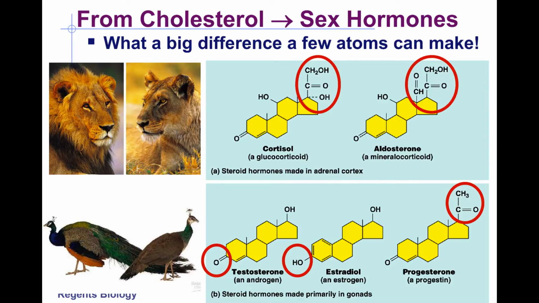Alright, so again, remember I said that cholesterol is kind of your precursor to a lot of your different kinds of steroids. So again, let's look at that form and function thing. So here we're looking at different kinds of steroid hormones. And for a lot of these, let's think of a male form versus a female form.